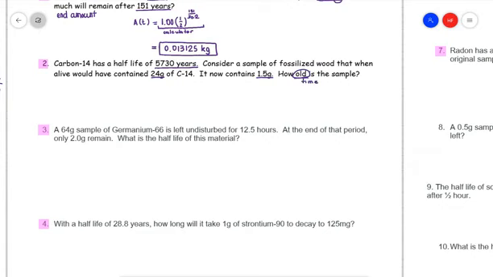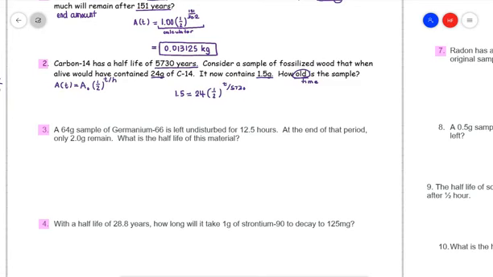So let's write out our formula. Our ending amount is 1.5. Our initial amount was 24. 1/2. We're trying to find t, and the half-life is 5,730.